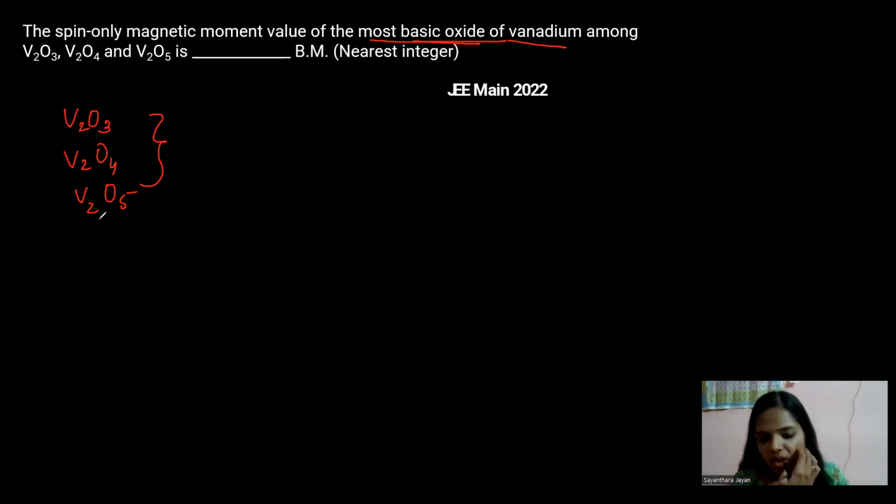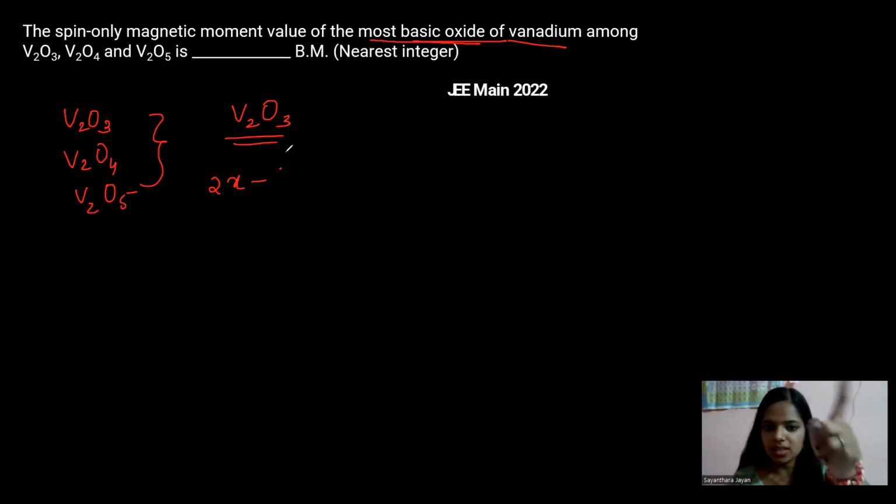In order to find out which, you have to calculate the oxidation state of vanadium in these three particular oxides. First I'm taking V2O3. I have to calculate the oxidation state. It will be 2x minus 6, right? The oxidation state of oxygen is minus 2, so 3 into minus 2 is minus 6.